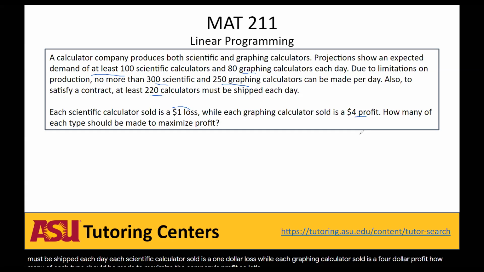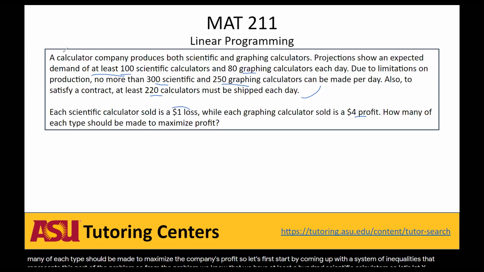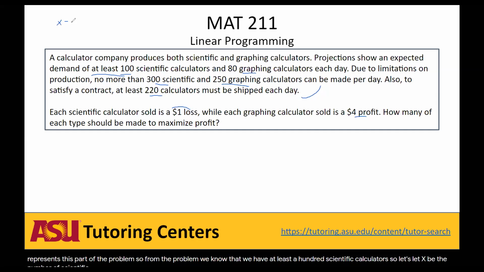So let's first start by coming up with a system of inequalities that represents this part of the problem. From the problem, we know that we have at least 100 scientific calculators. So let's let X be the number of scientific calculators, and let Y be the number of graphing calculators.